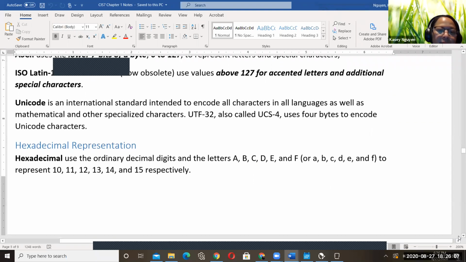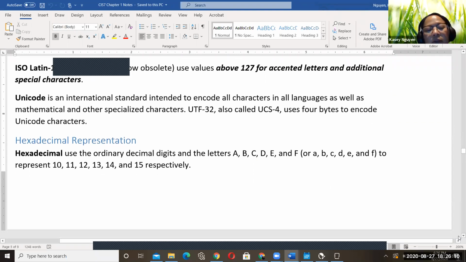Now, as I mentioned, we use hexadecimal for a lot of different things. And the common thing that we normally see is MAC addresses, right?